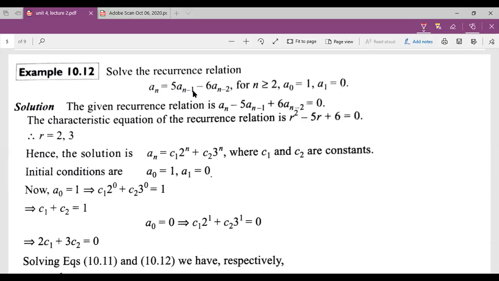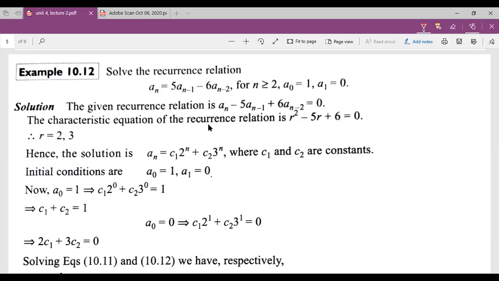So this is the given recurrence relation. First we write the characteristic equation of the recurrence relation, and before that, what is the degree of the given recurrence relation? n minus (n minus 2), so the degree is 2.